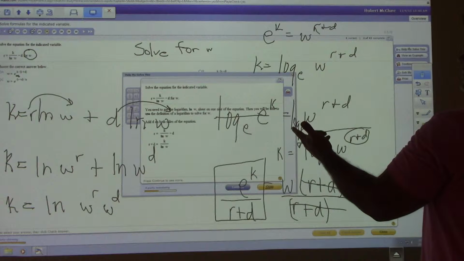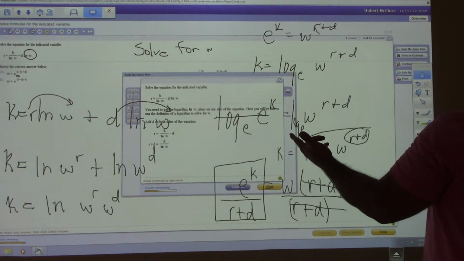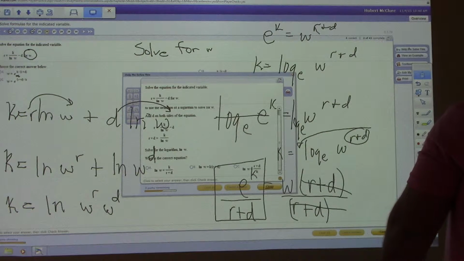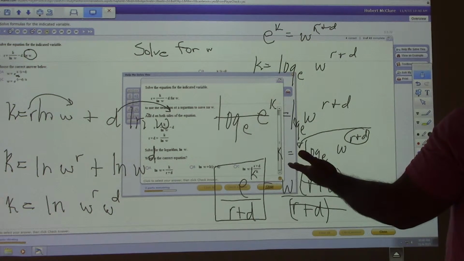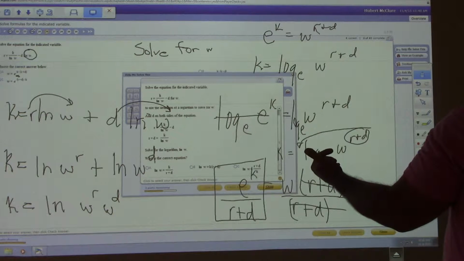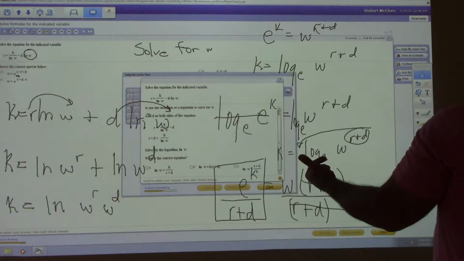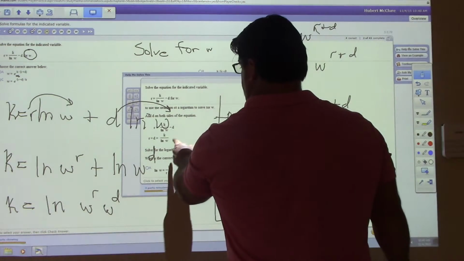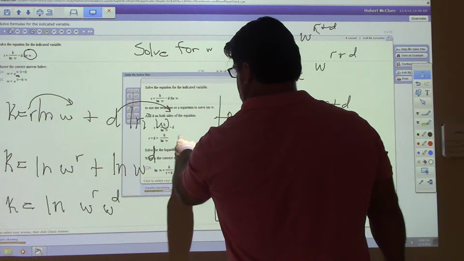Did I do that? I think I did that, didn't I? Natural log, okay, I did that. K over R plus D. Did I get K over R plus D somewhere? Multiply, yeah, we multiplied on both sides times the natural log, did we not?